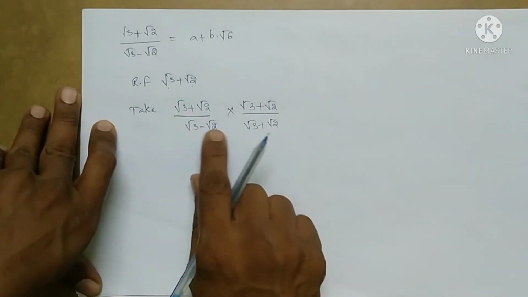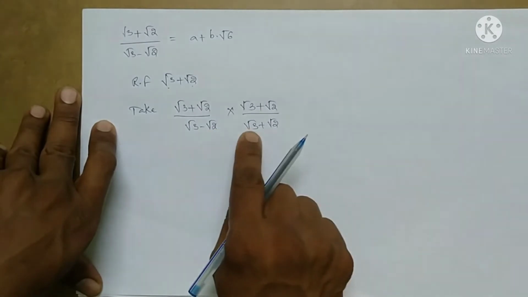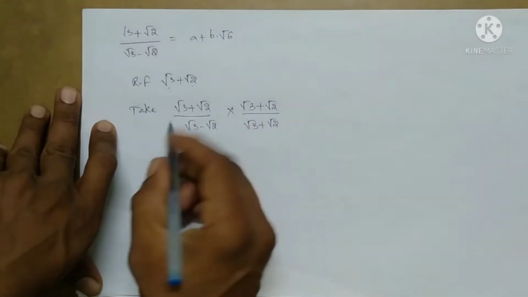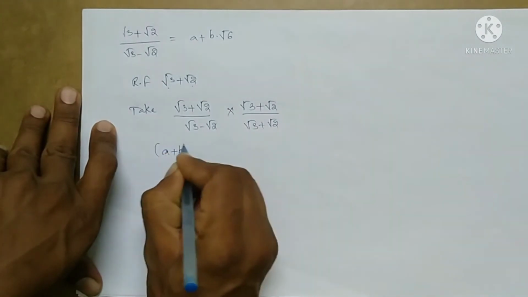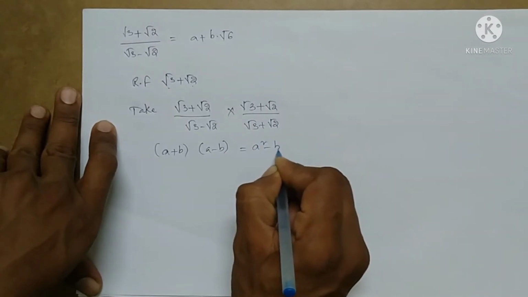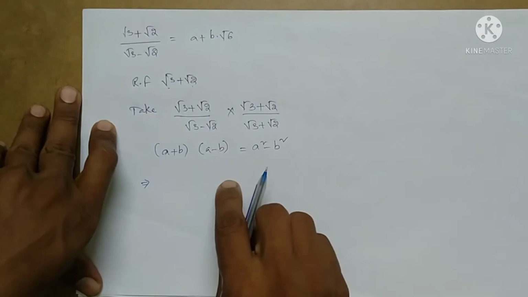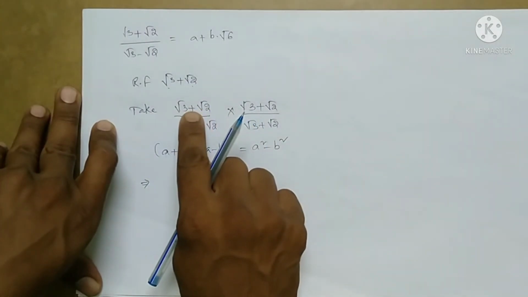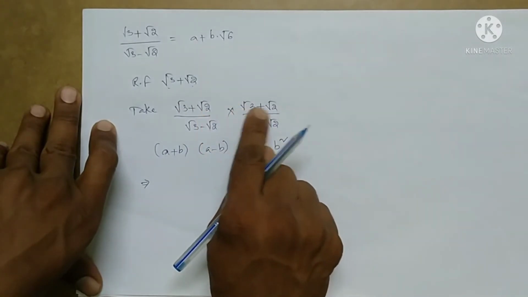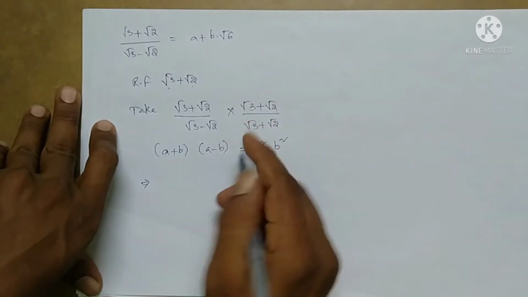So here the denominator is of the form a minus b into a plus b, right? So the result is a square minus b square. A plus b into a minus b is equal to a square minus b square. So that is equal to, in the numerator, root 3 plus root 2 into again root 3 plus root 2, means root 3 plus root 2 whole square.